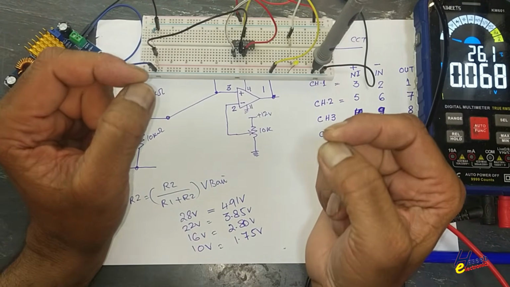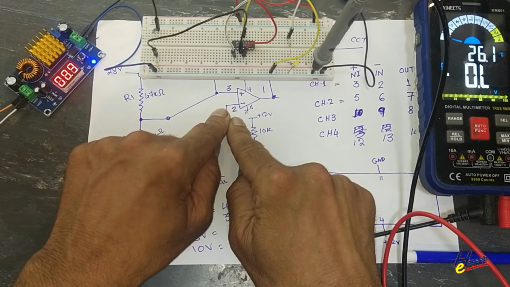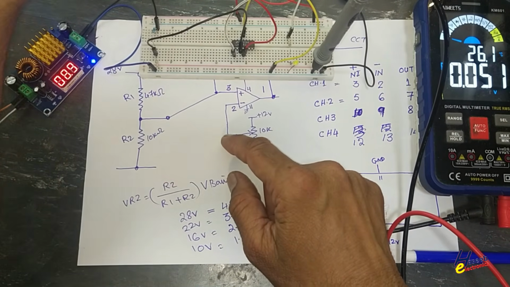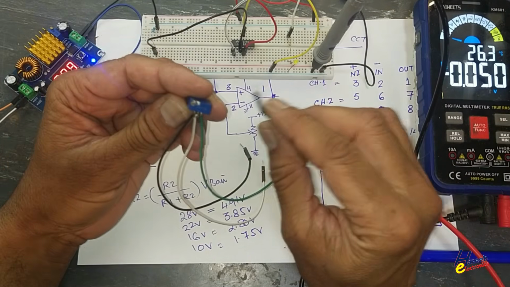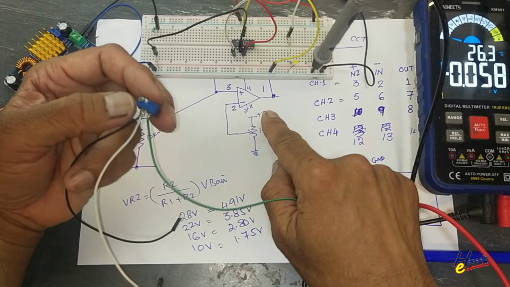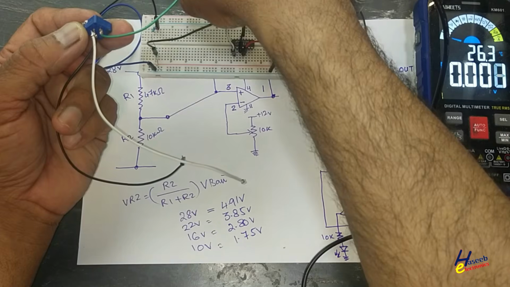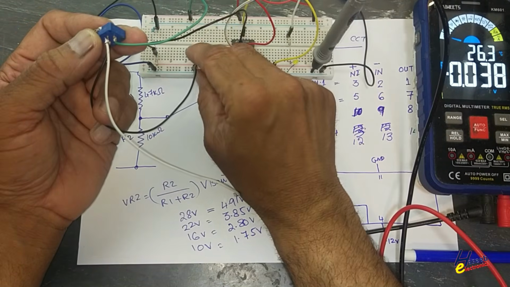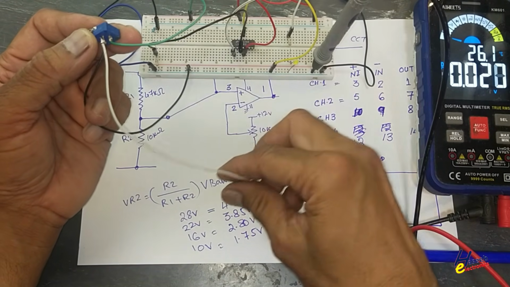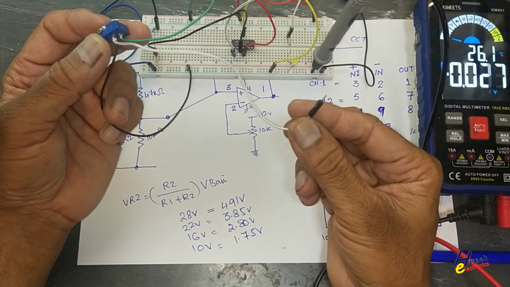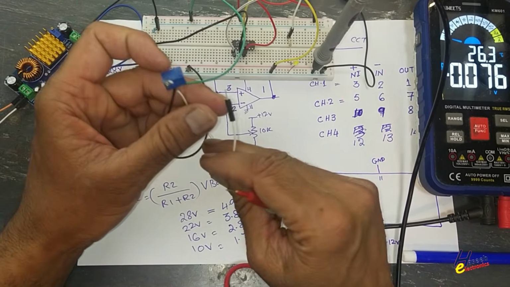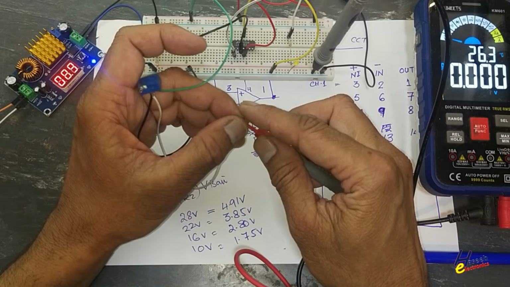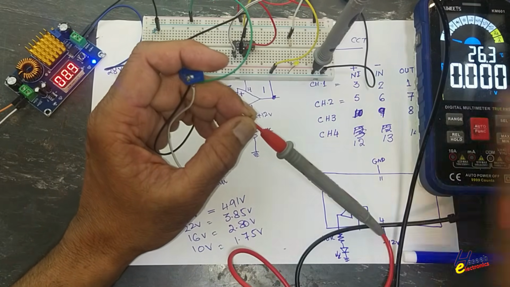Now we need a reference signal. To make a reference signal, we will use potentiometer. 10 kilo ohm potentiometer, the same, one side connected to positive supply, second side of this potentiometer to ground level, and here we will adjust 1.75 volt. We have 0 volts.